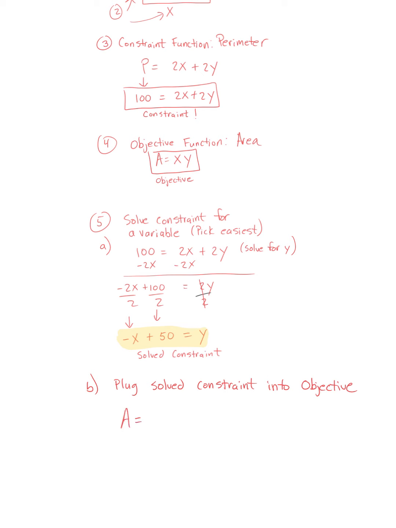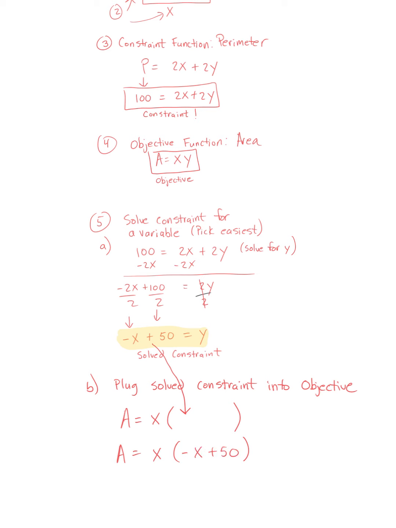A is equal to x times y. But instead of y, I'm going to plug in my solved constraint. All right, I'm going to take this and plug it in right here. All right, so a is equal to x, but my solved constraint tells us that y is equal to negative x plus 50. Negative x plus 50.